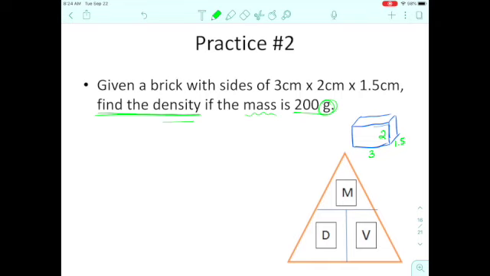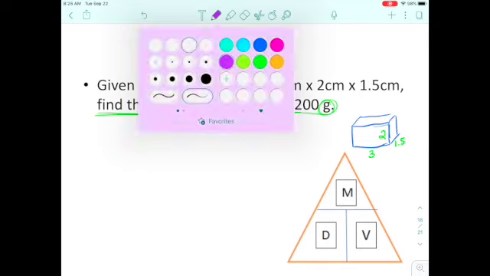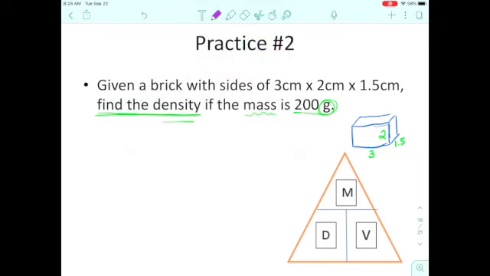Okay, so we need to find the density. So I know I'm going to do mass divided by volume. So density equals M over V. The mass is 200 grams, because it's the g, divided by the volume.